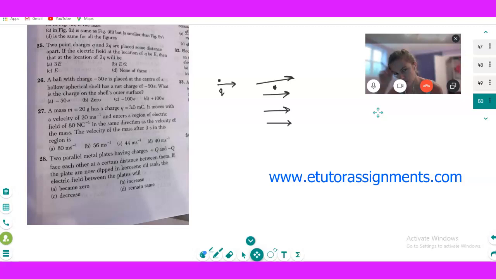In the direction of the electric field if it is a positive charge. If it is negative charge, then opposite. Very good, you are applying your mind very nicely.